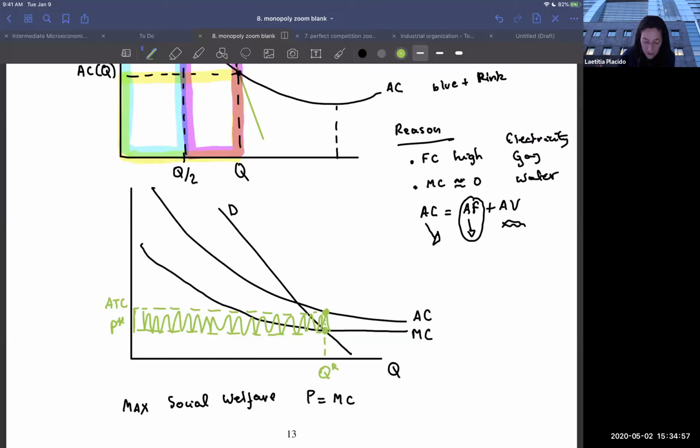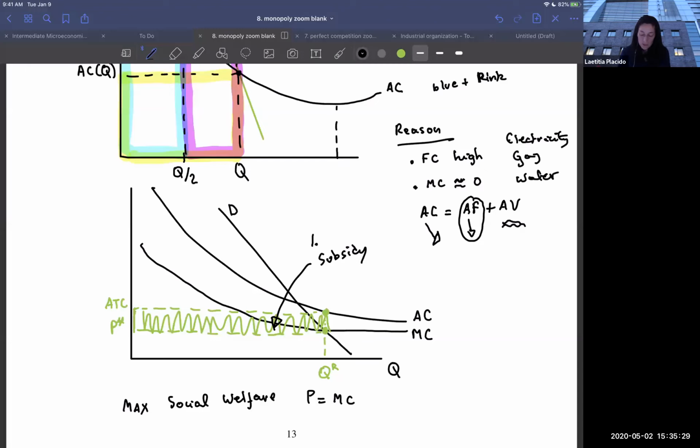So the government may say, well, you charge price equals marginal cost, and I'm going to give you that amount in green in the form of a subsidy. That's not the preferred solution, because we never know how the monopolist is going to use that money. So that's one possible solution, subsidy.